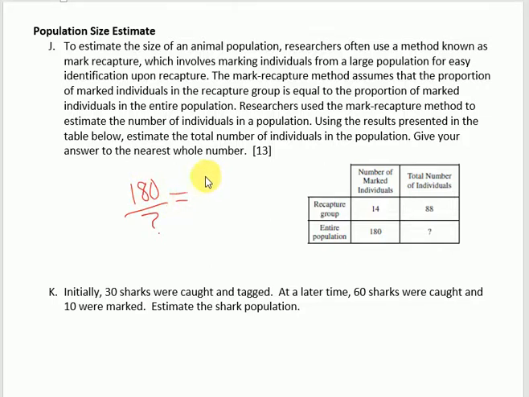And our group over here, we know that we started with 14 and we've got 88. So in this case, we're actually going to do some cross multiplication. 14x is going to equal that 180 times the 88.